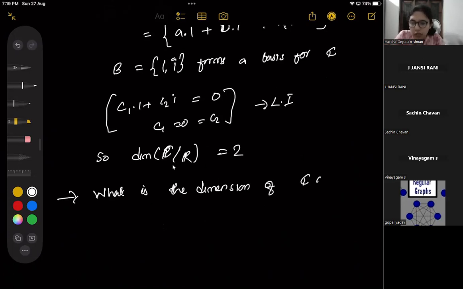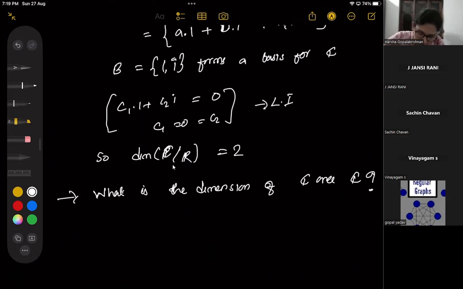What is the dimension of this C over the complex field C? What is the answer? One. Yes, it is 1, because just one element, say 1, is enough to generate full C, right?